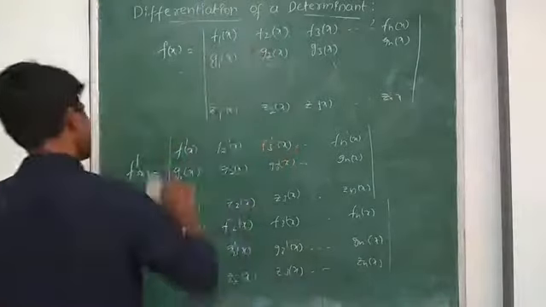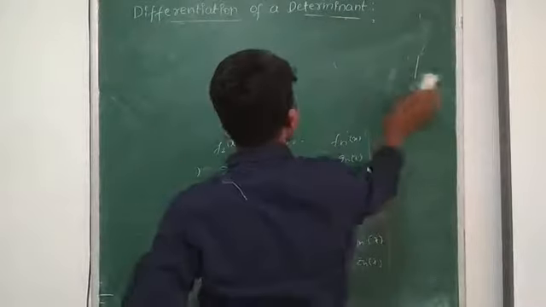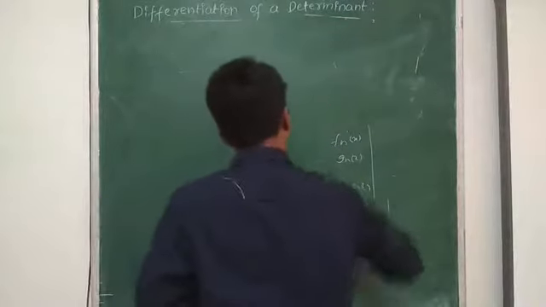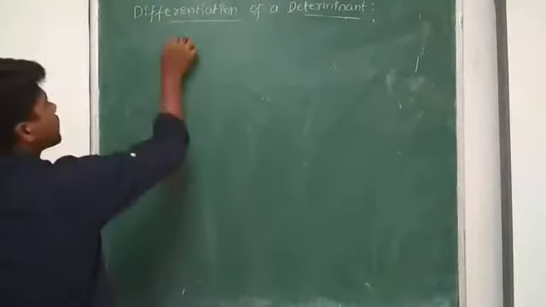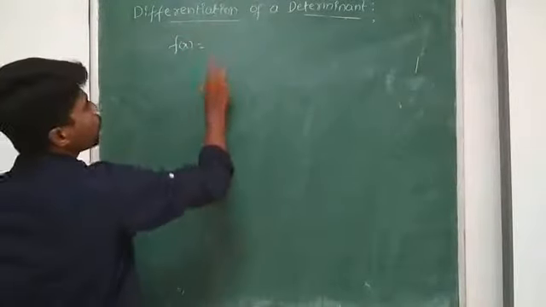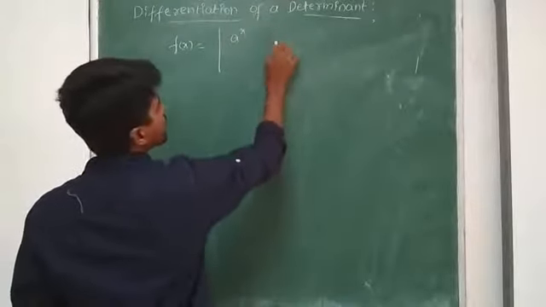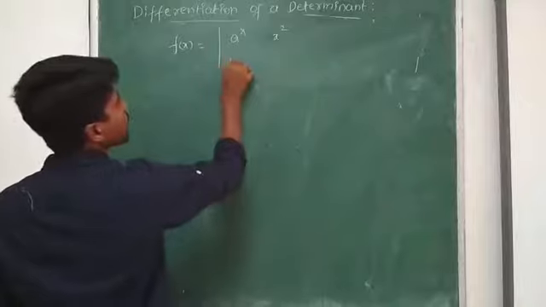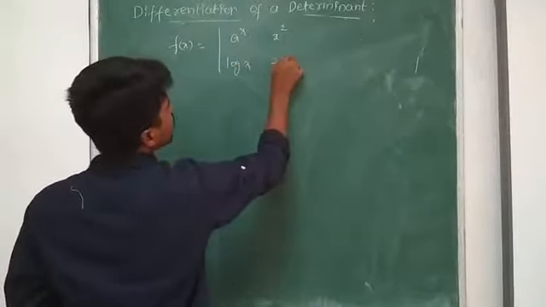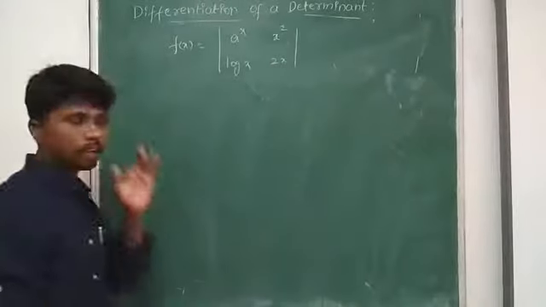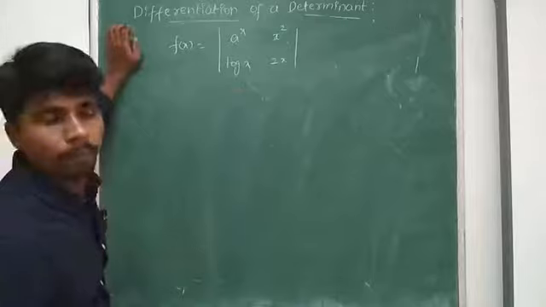If suppose we have a problem like f of x is equal to the determinant with first row a power x, x square, and second row log x and 2x, find the derivative of the given function.